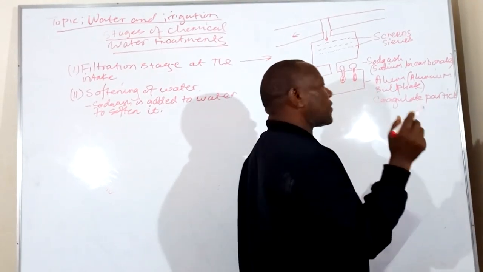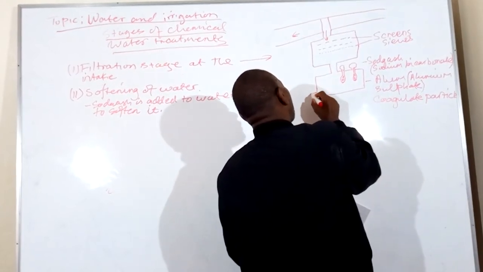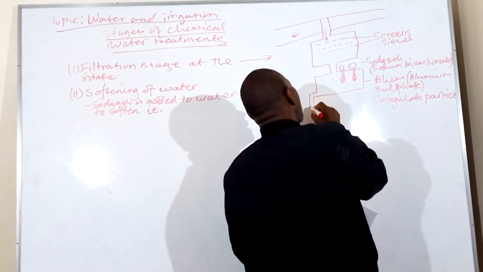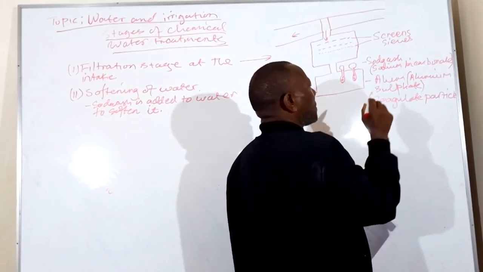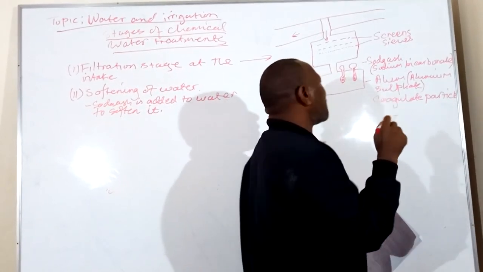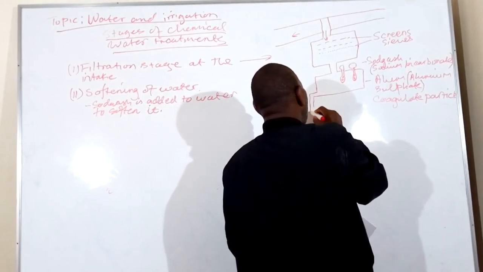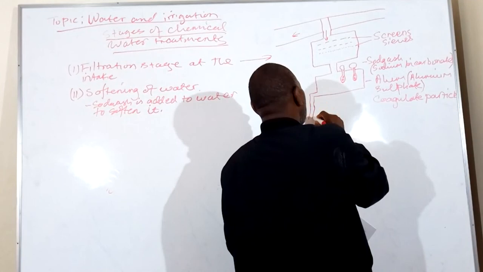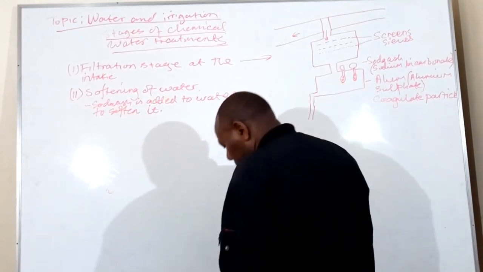From the softening stage, this water flows. As this water is flowing, it already contains chemicals: the sodium bicarbonate and also the alum or aluminium sulfate. So the next stage is what we call sedimentation.